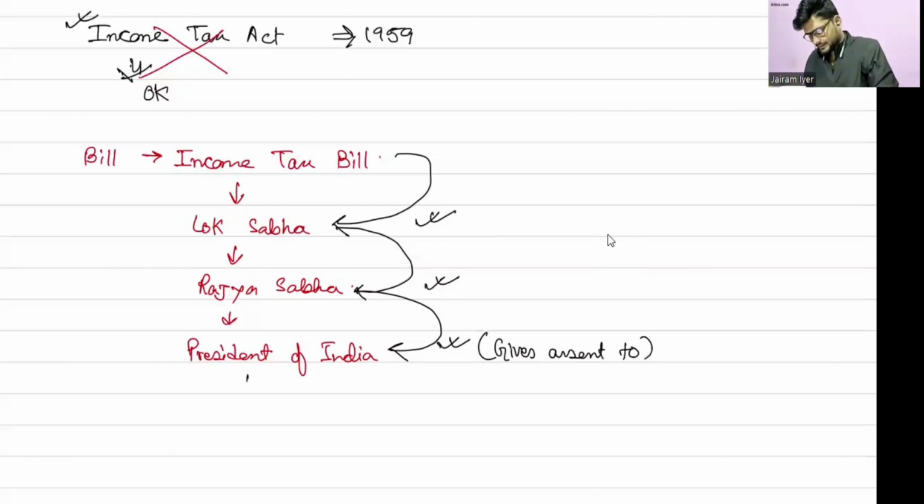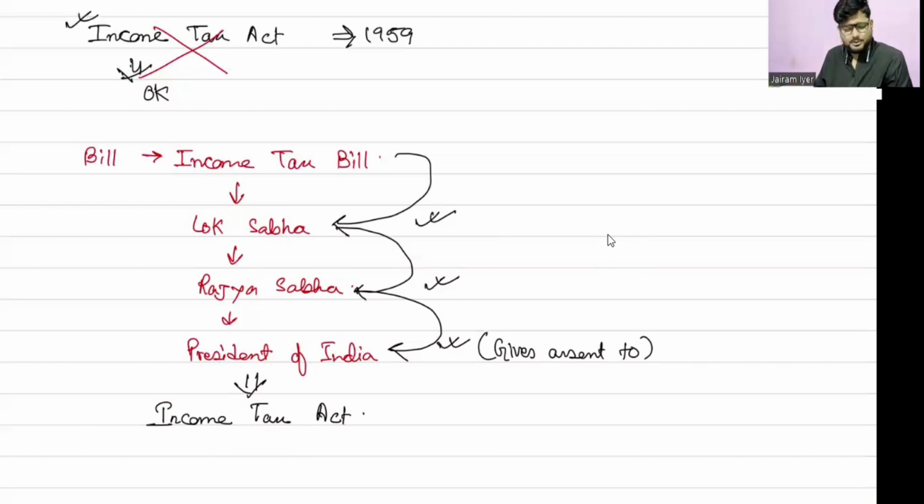After that, at some appointed day, meaning a day which is fixed by them, it will be introduced as the Income Tax Act. Is it clear? You need only this much idea of what actually happens. Whatever act you are reading, it has been done like this.